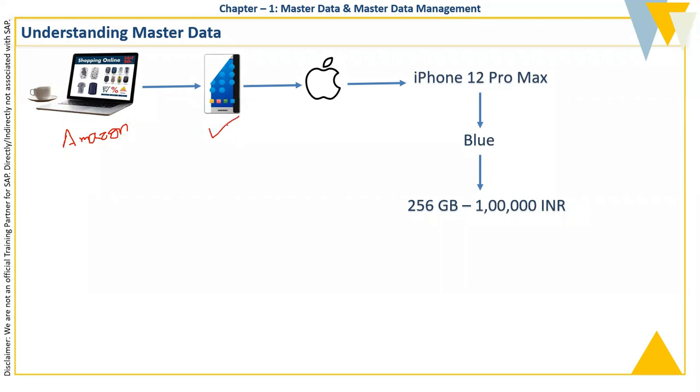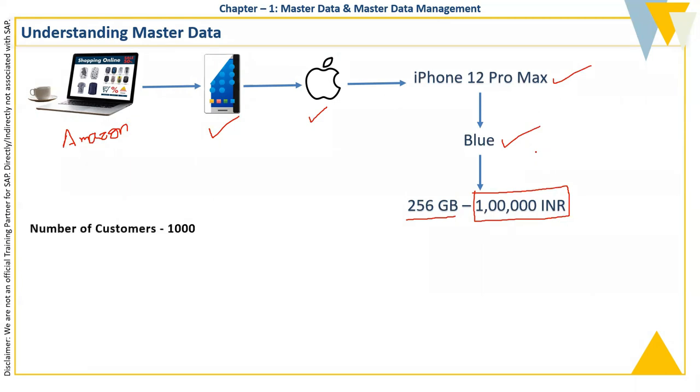And again, they are selling so many brands of mobile phones. Out of that, I am taking Apple and one of the Apple models, iPhone 12 Pro Max, blue color variant, 256 GB. I'm just using a rough figure. Let's say it is 1 lakh rupees. This is our example to illustrate master data and its importance.